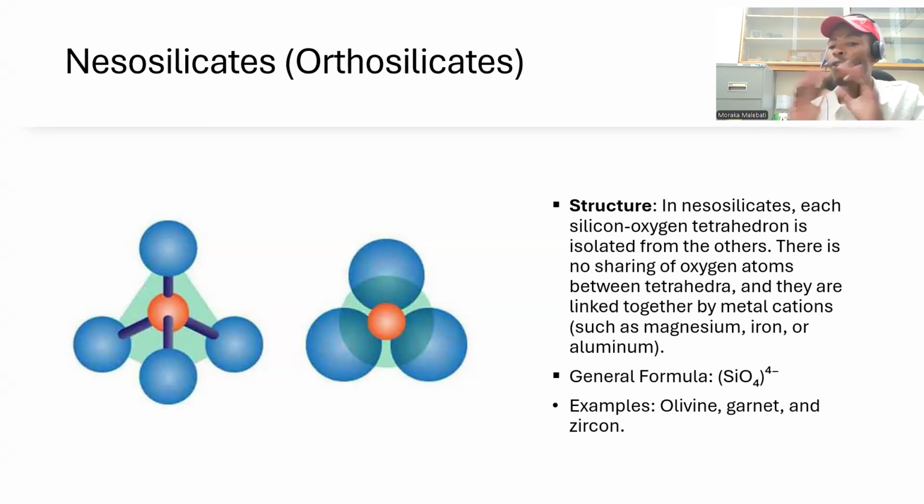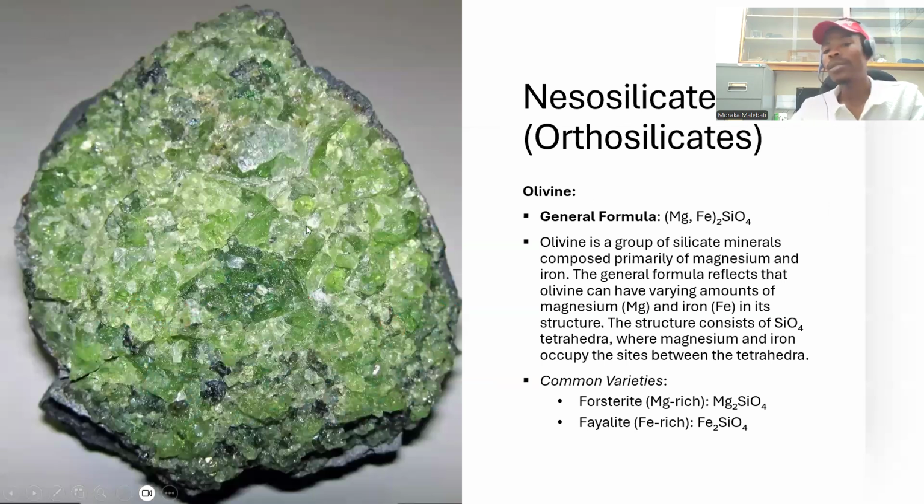There is no sharing of oxygen atoms between tetrahedra, and they are linked together by metal cations such as magnesium, iron, or aluminium. So basically this is olivine, and olivine has this general formula.